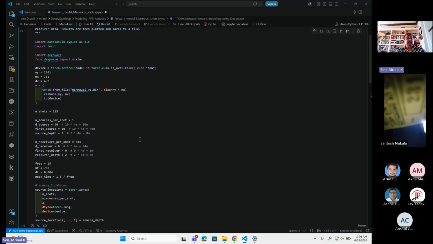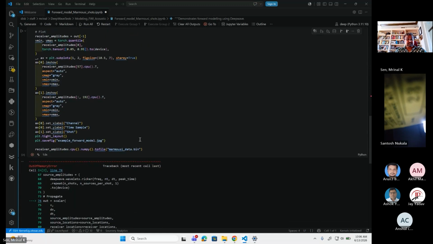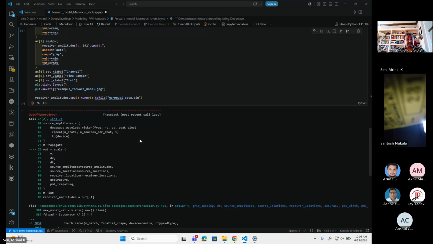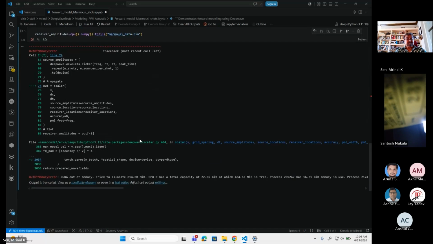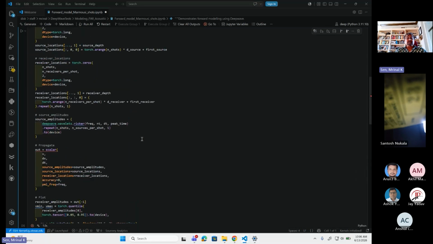It will not take very long. Oh, CUDA out of memory. Something is going on here, so I cannot run it right now. We'll have to run it another time. Too bad.